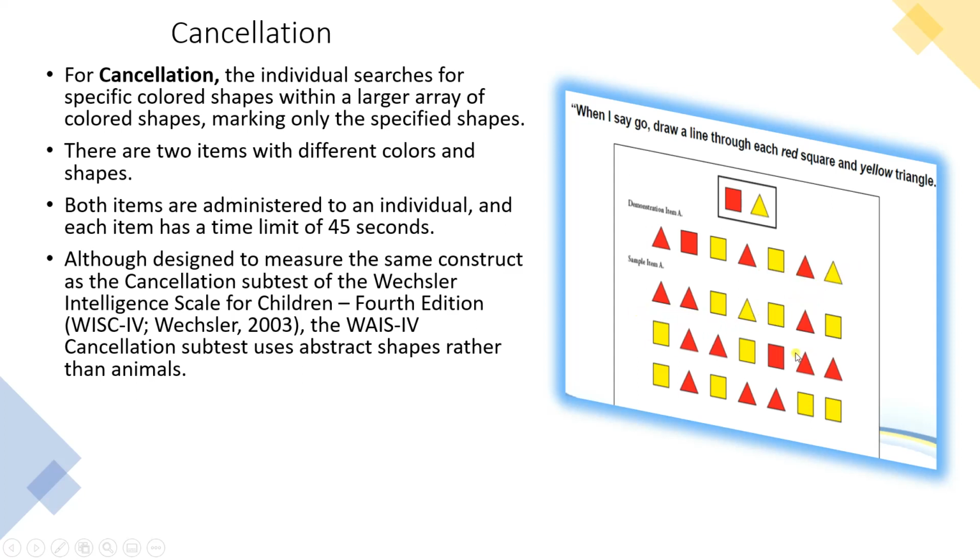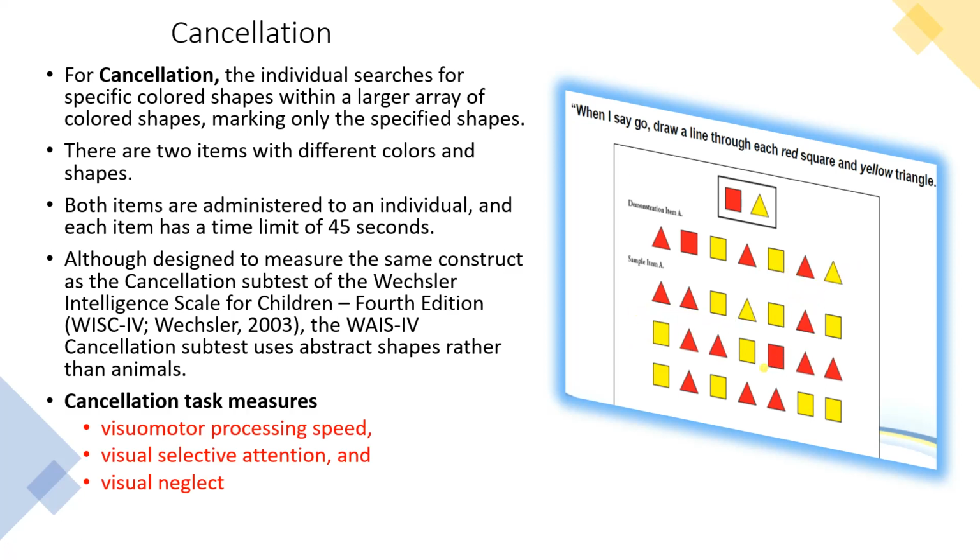In this, you will cancel out this. So you will put a cross mark. This is the test. And this test also measures the visual motor processing speed and the visual selective attention, because we have to selectively focus on the target and ignore the rest of the distractors. So it measures selective attention as well as visual neglect.